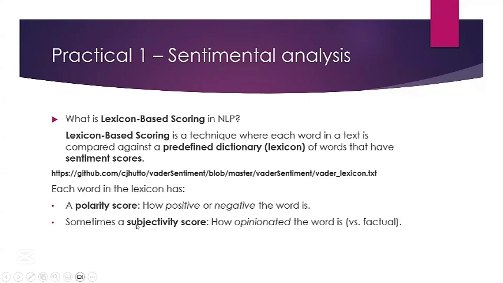The second we call the subjectivity score. The first set of scores indicates how positive or negative the word is. The idea is that when you look at this dictionary, if you see a word which has a positive number, that means the word is used for positive things. As an example, let me show you.